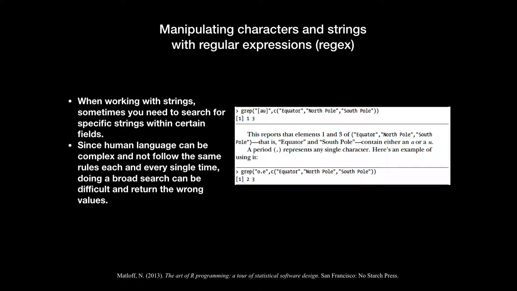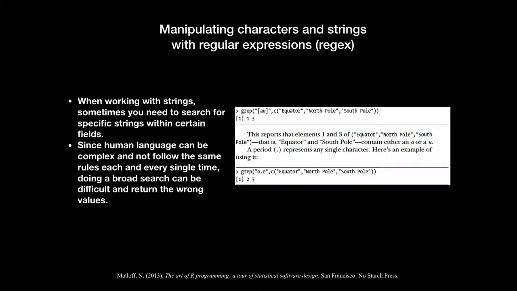So here's an example from the textbook The Art of R Programming: A Tour of Statistical Software Design. There's a function called grep. What it does is grab a subset of the data that you specify. Taking a look here, we are looking for the values A and U within the vector on the right.